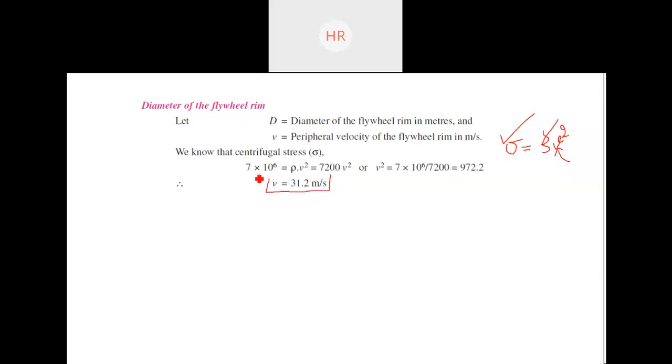We simply substitute the values. And we know that v is equal to pi d n by 60. So in this equation we have v, we have n, and the only unknown left is d. So from the velocity equation we can find the diameter of the flywheel. That is our first objective.